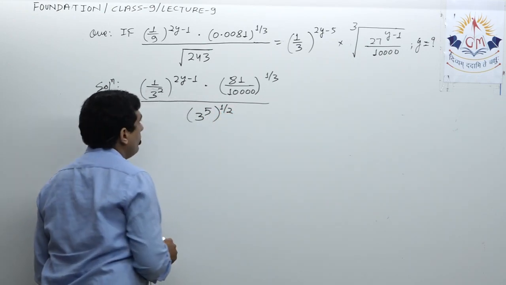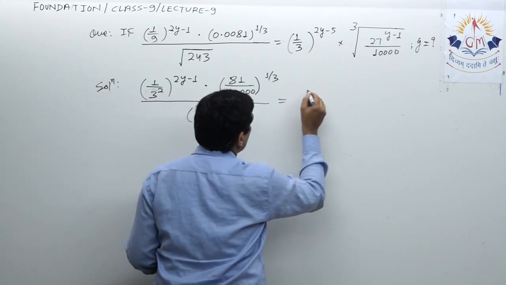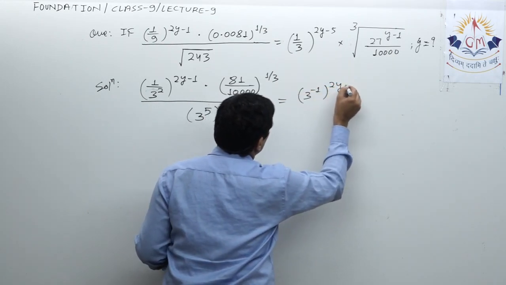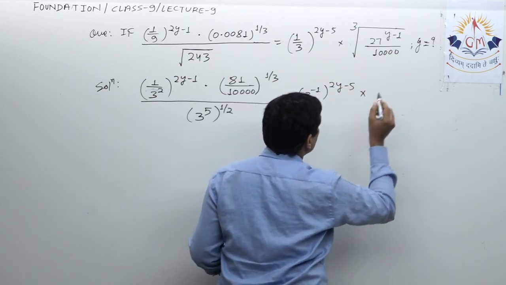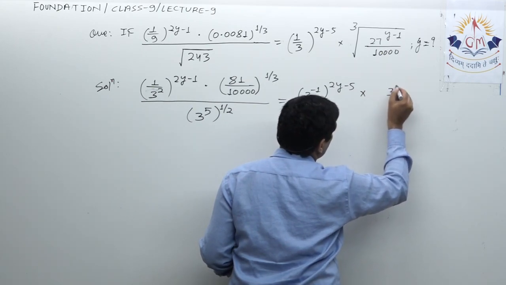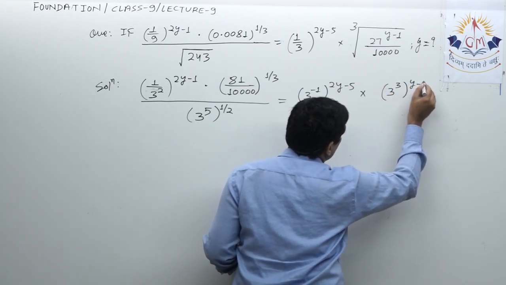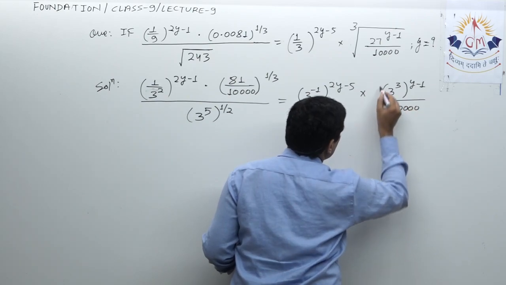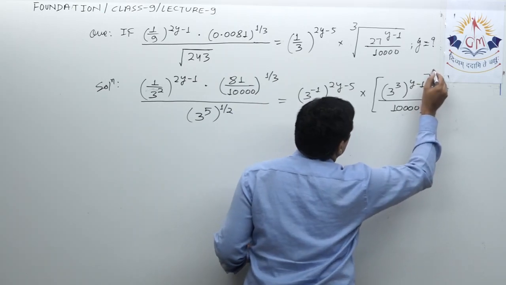Okay, 3 raised to 5, you can check, 3 raised to 5 is 243, is equal to 3 raised to minus 1 raised to 2y minus 5 multiplied by, now this 27, so here I can write 27 as 3 cube, raised to y minus 1 upon 10,000, and raised to 1 by 3.